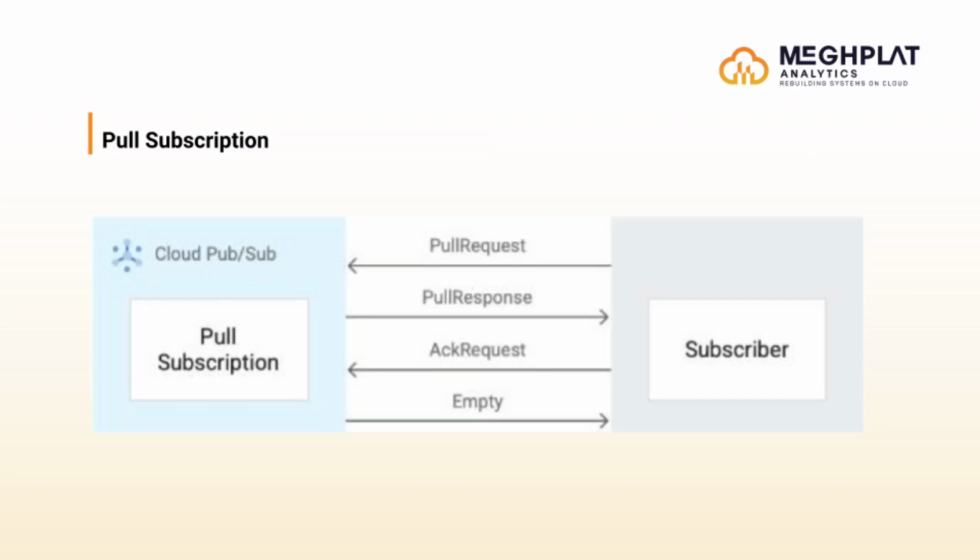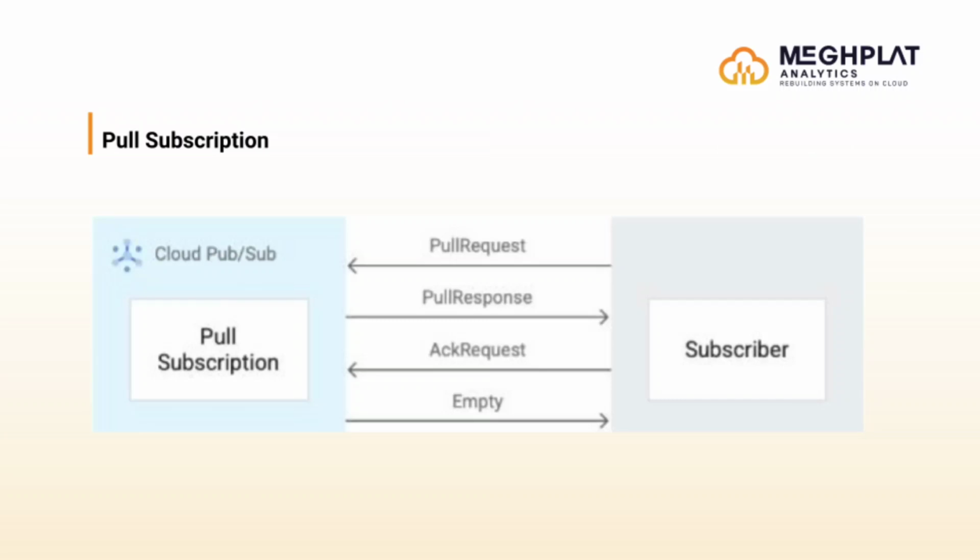Whenever the subscriber sends the pull request and the subscription receives it, it immediately sends whatever messages it has in its storage to the subscriber through the pull response, and with it also attaches an acknowledgement ID, right? The subscriber client explicitly calls the acknowledgement method.